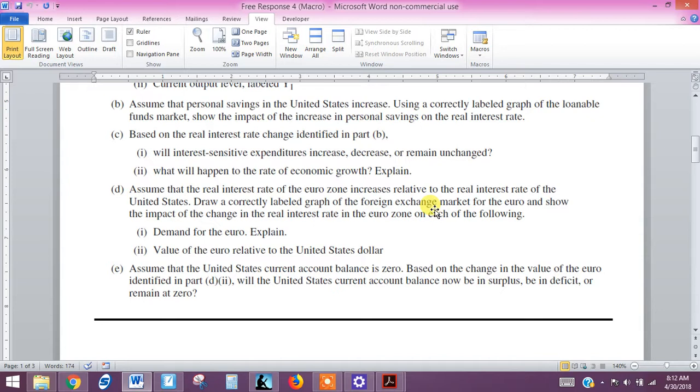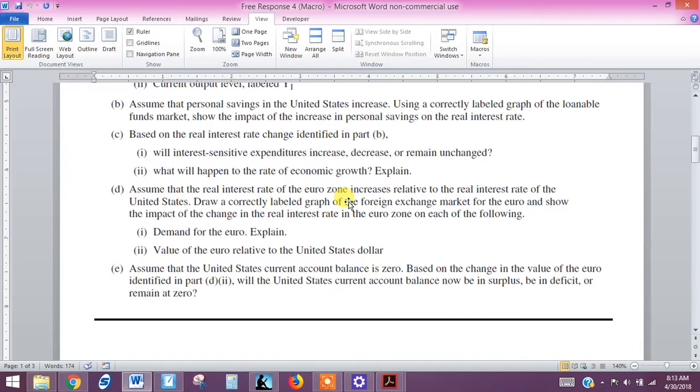So we're thinking in terms of financial investors who want to lend money, and they want a high interest rate and a high return on their investment. So when the return is higher in the Eurozone, that's going to incentivize folks to take their money and invest in the Eurozone.